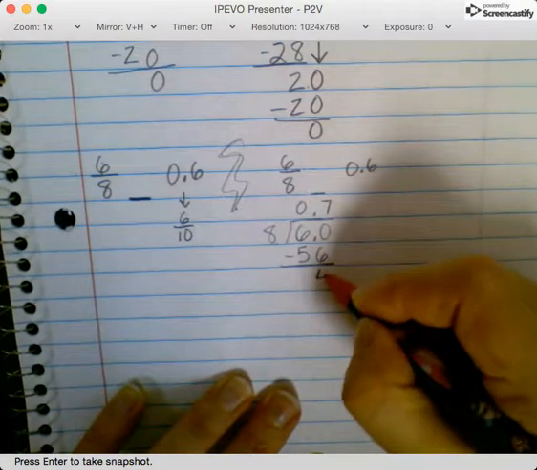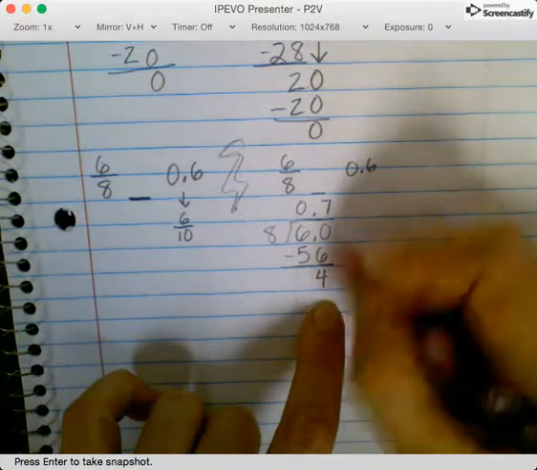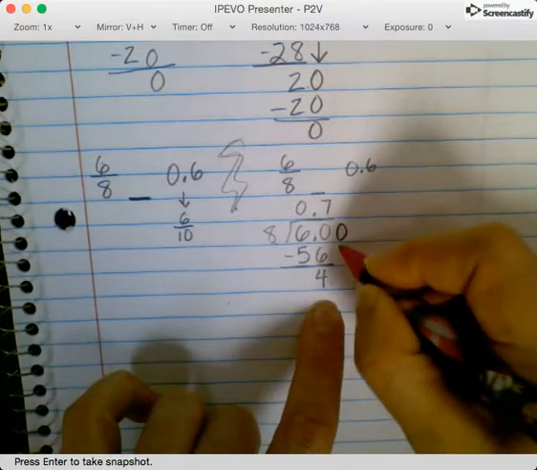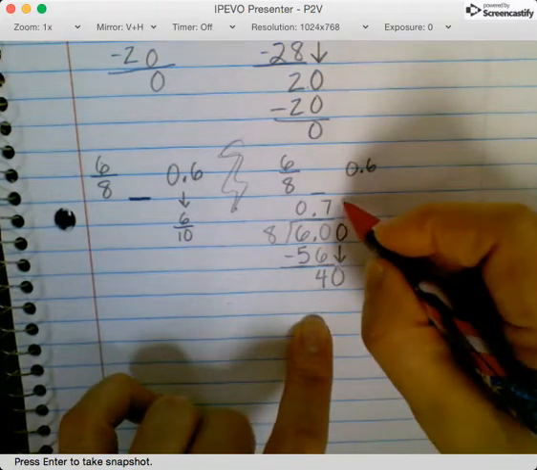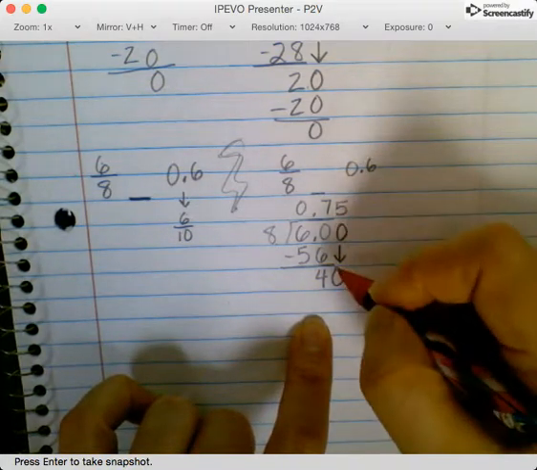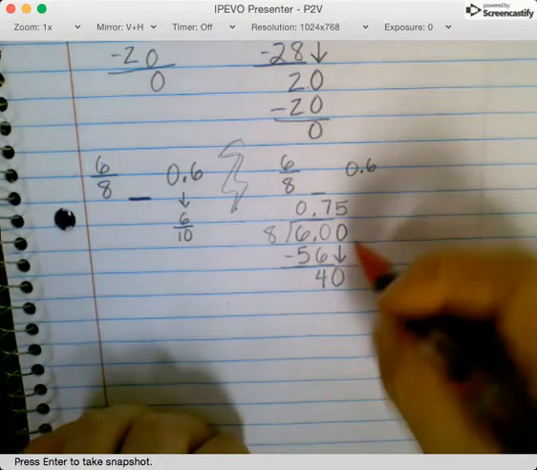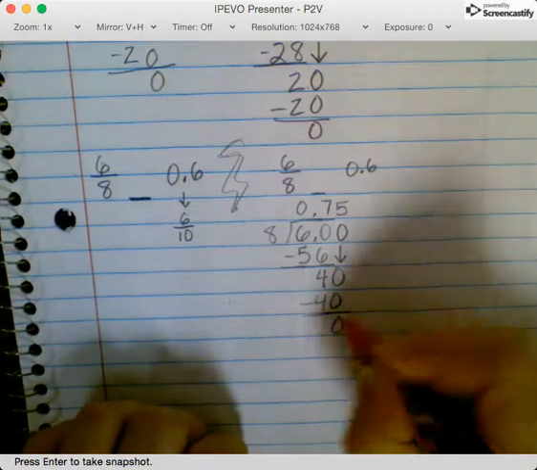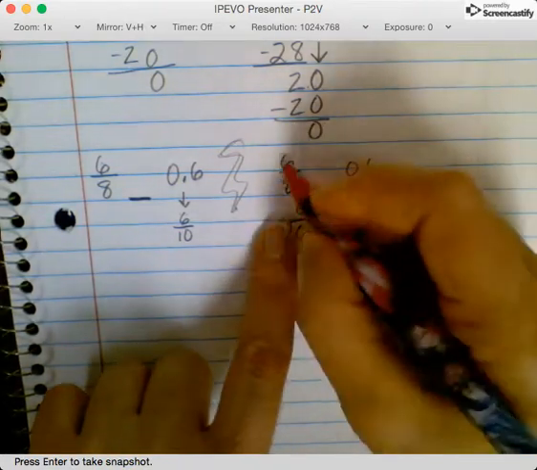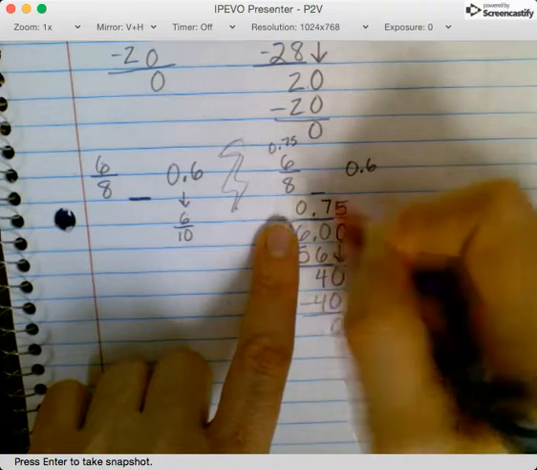And you subtract, you get 4. Since I have something left over and it's a decimal, I can add another 0. Bring down my 0, it's 40. 8 will go into 40 5 times. 8 times 5 is 40. Subtract and I get 0. So 6/8 is equal to 75 hundredths.